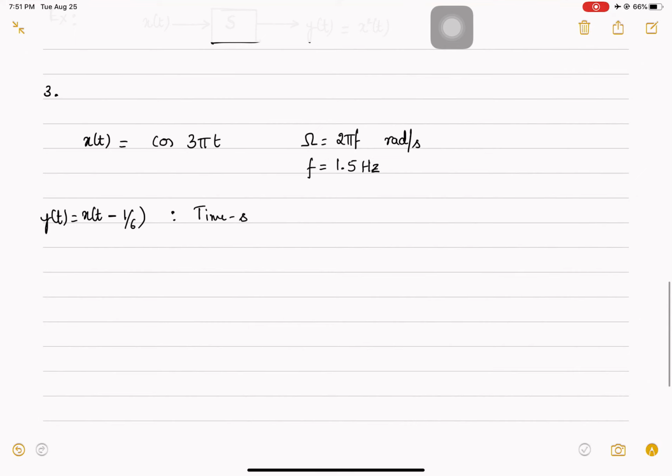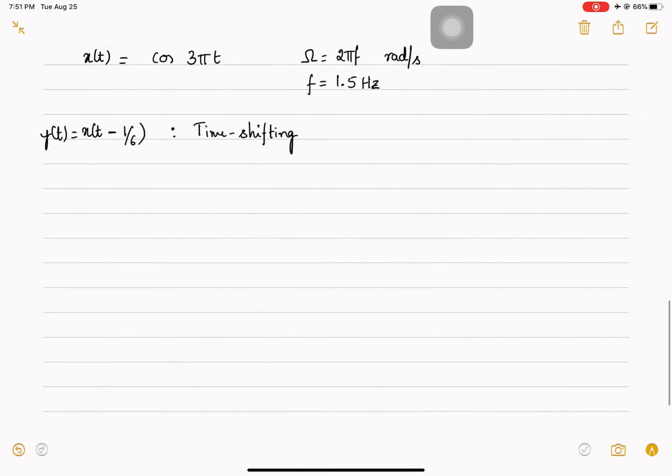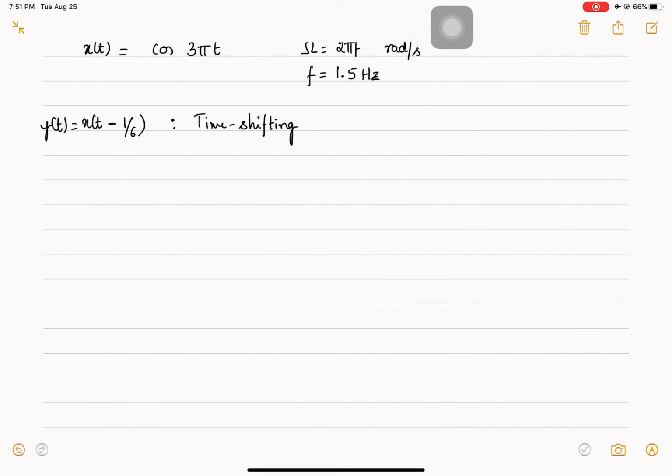I know what a cos signal looks like, so I'm going to draw the cos signal as it is. To keep things simple, I took the amplitude to be equal to 1.